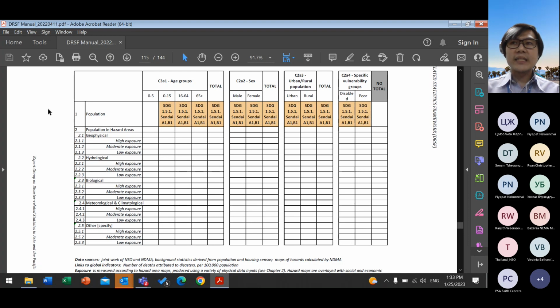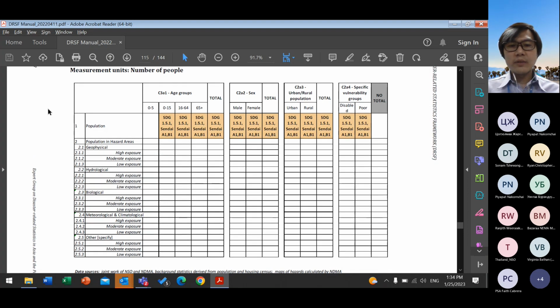Those are the classifications that we discussed last time in terms of disaster classification. And in terms of understanding the levels of exposure, we would classify them into high, moderate, low. This depends on how the country would like to measure and use some of the thresholds. We're going to hear more from Mongolia on that as well. But those are the rows.